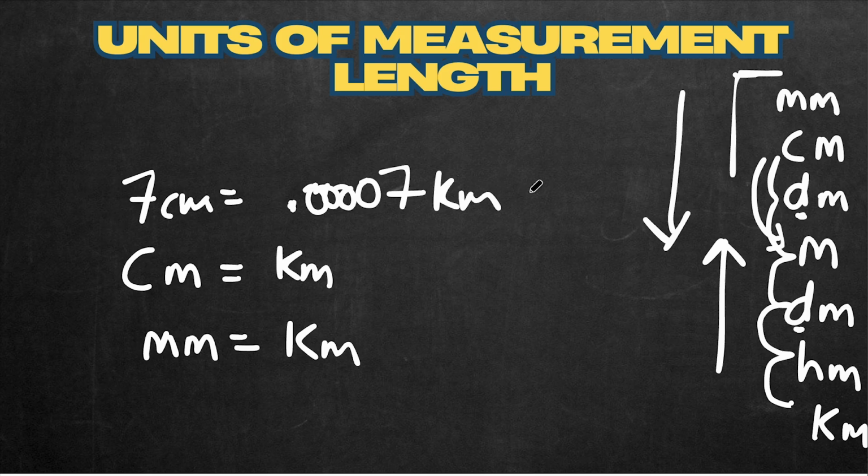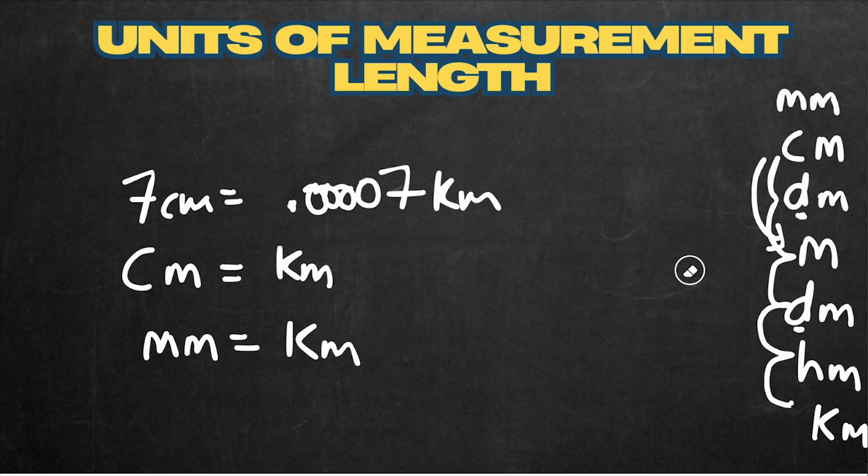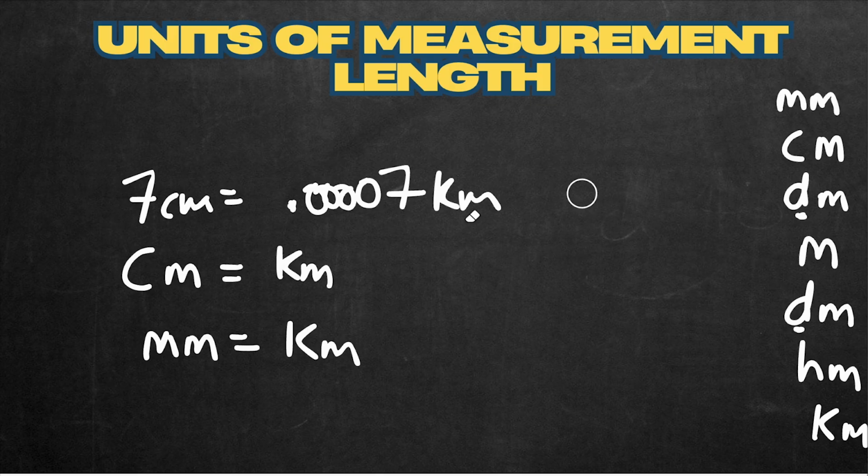So I will say the logic once again. You can try it on your own. Leave me a comment if you need more videos on this. But just remember, make this table whenever you have a conversion going on. Just remember this MCD, DMK, right? And M is always in the middle alone.